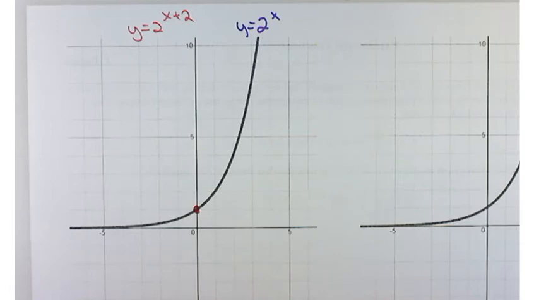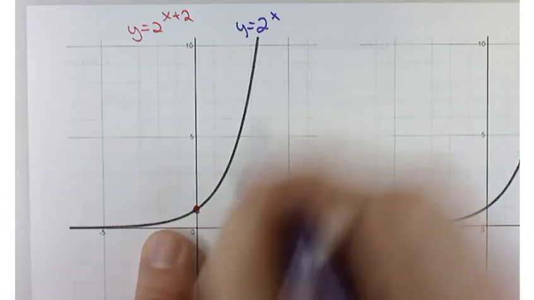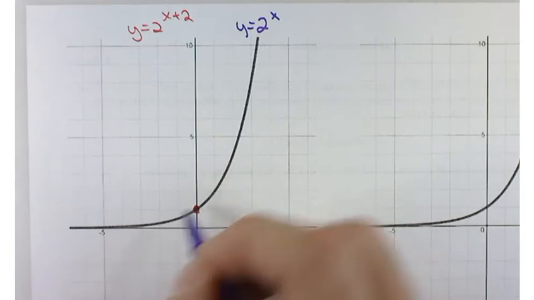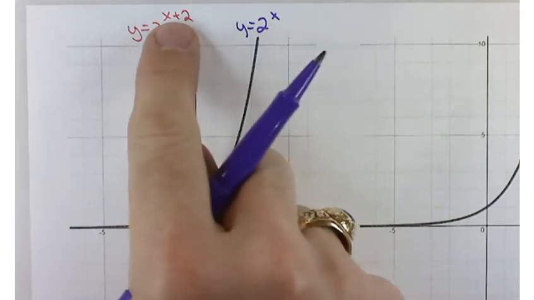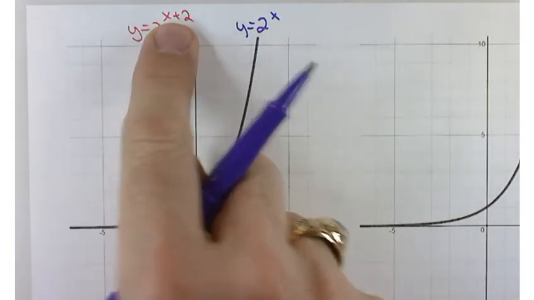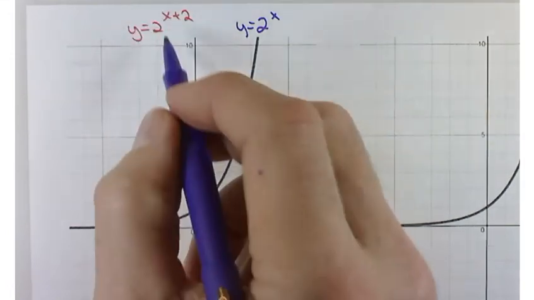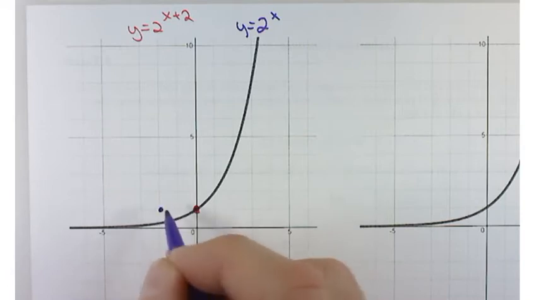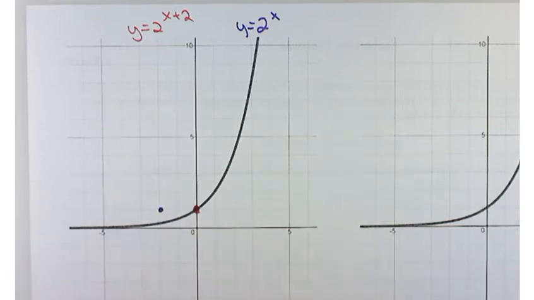That value right here. Where is that going to be on my new graph? Well, I get that point when x equals 0. 2 to the 0 is 1. So what would I have to put in to the exponent for x to get a 0? -2. So that point that was here is now over here. It's been shifted to the left by 2.